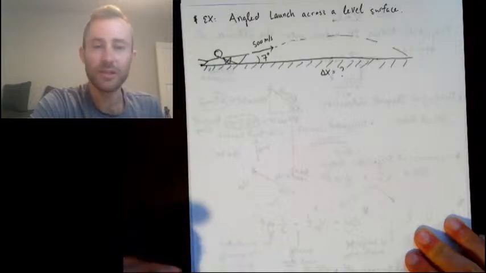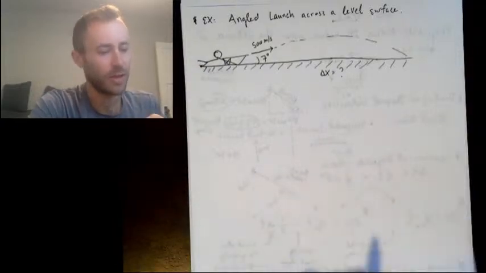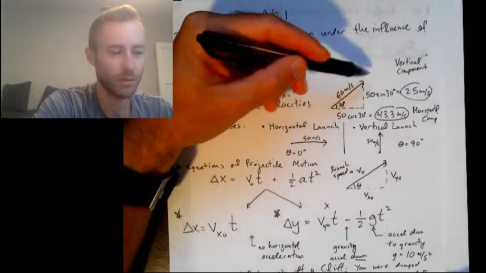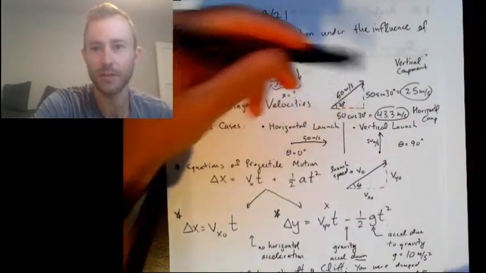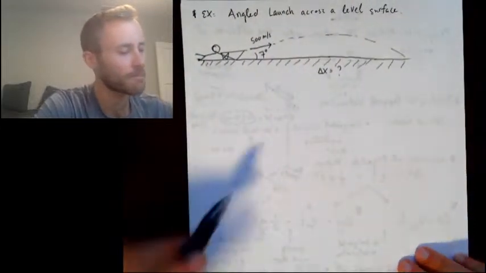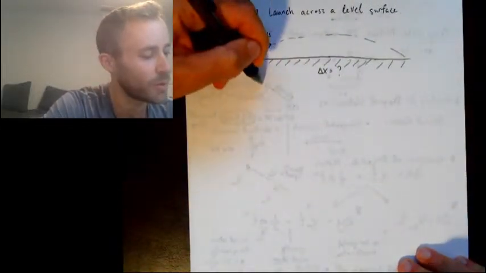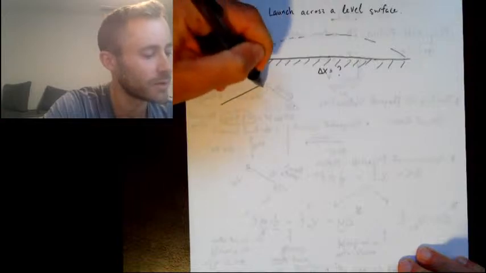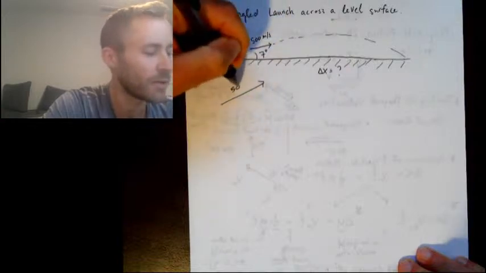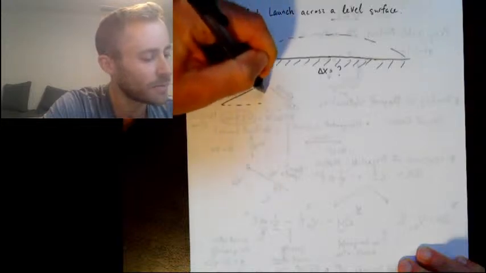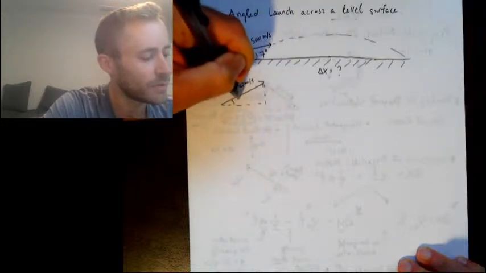Because this is an angled launch, it becomes important to do the trigonometry. We have to create a velocity triangle to get the components of the velocity. That's the first thing you want to do if you have an angled launch: get the components of that initial velocity. So we have 500 meters per second launched at an angle of 7 degrees.